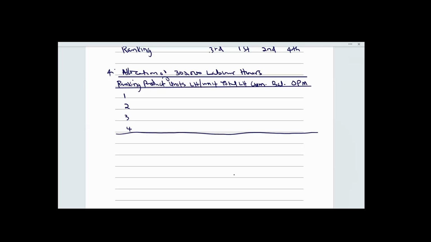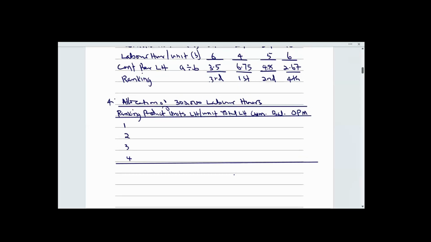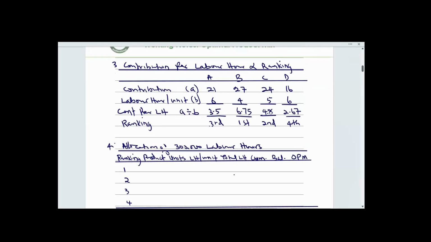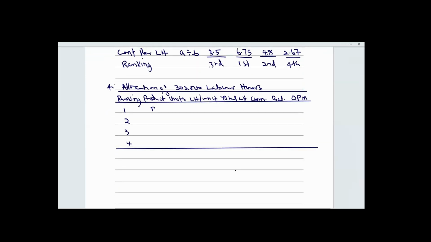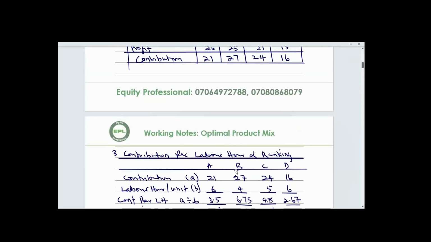Pay attention to our allocation table. Based on the products, based on step 3, based on our ranking, the first product is B, followed by C, A, and then D. Now, how many units do we have for product B?